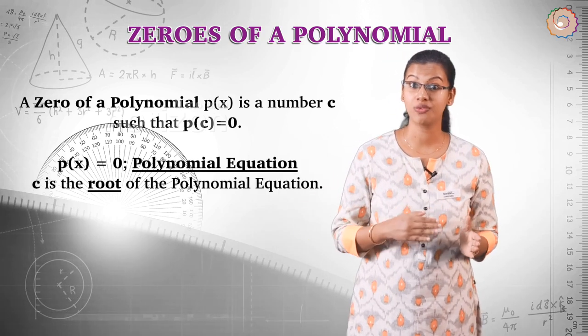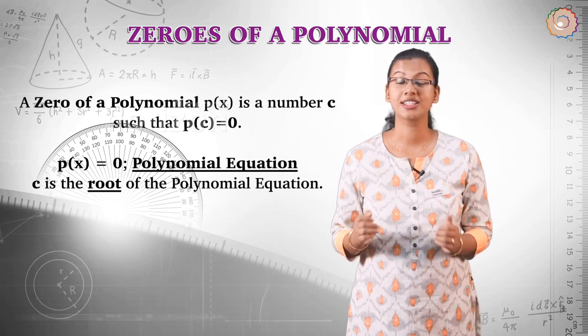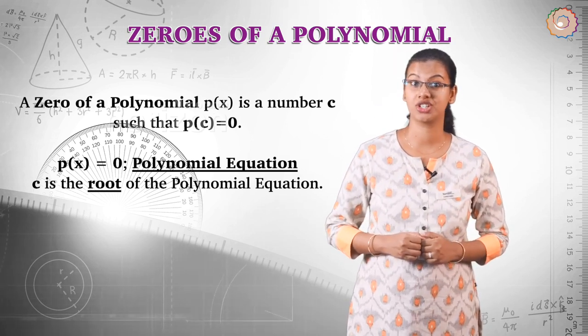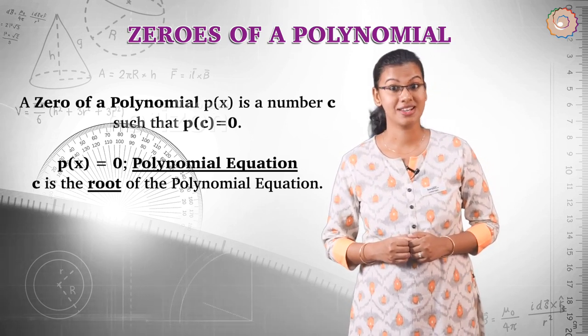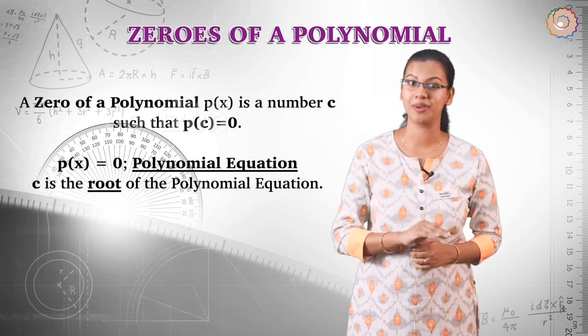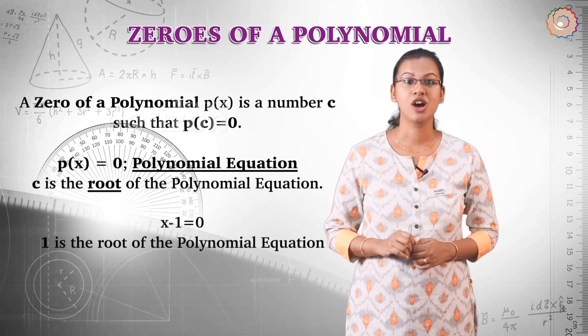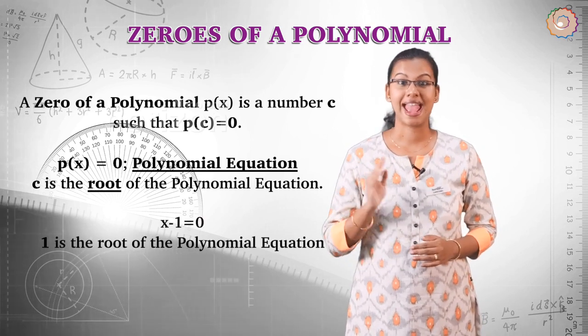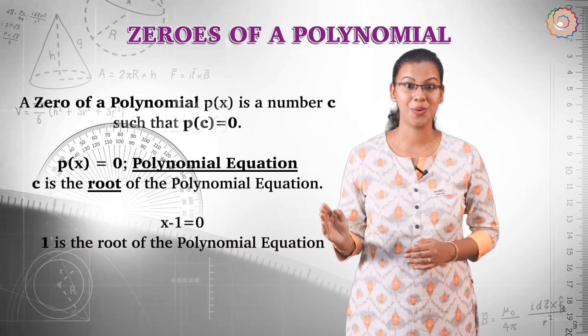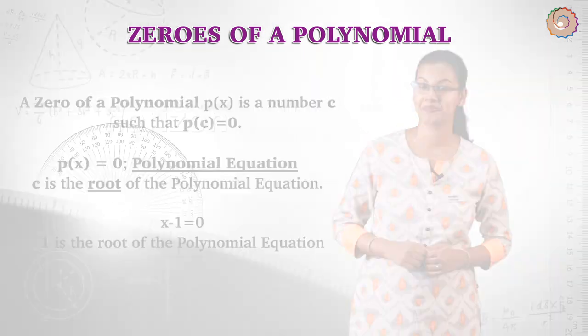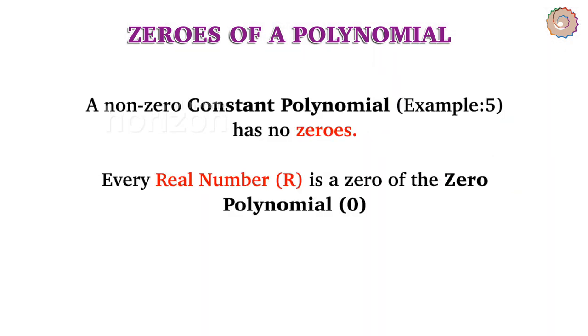And if p of x equals 0, it's called a polynomial equation, and the number c will be the root of the polynomial equation. That is, for the polynomial equation x minus 1 equals 0, the root is 1. Also, a non-zero constant polynomial has no zeros, and every real number is a zero of the zero polynomial.